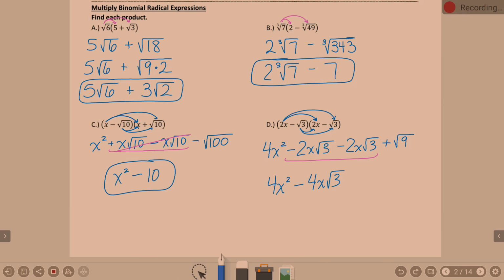That's minus 4x. And then plus the square root of 9 is plus 3. Can I clean up anything else here? I've got an x squared, I've got an x square root of 3 term, and I've just got a 3 term. That's as cleaned up as it's going to get. Okay?